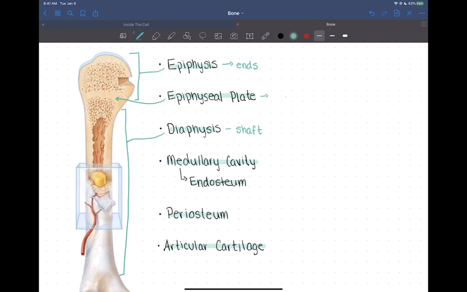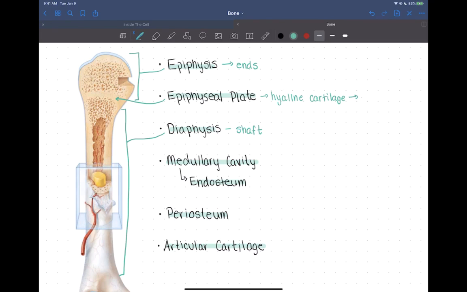The epiphyseal plate is present in children and young adults as cartilage, made of hyaline cartilage. It's not shown as that in this picture because as you grow older and become an adult, that cartilage becomes bone, and the epiphyseal plate is then called the epiphyseal line.